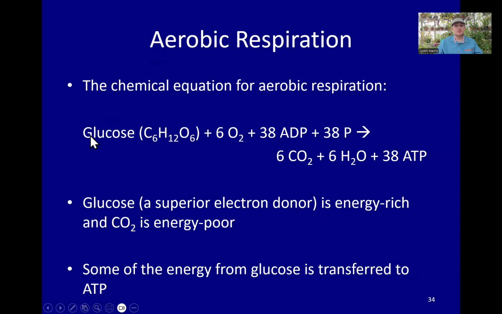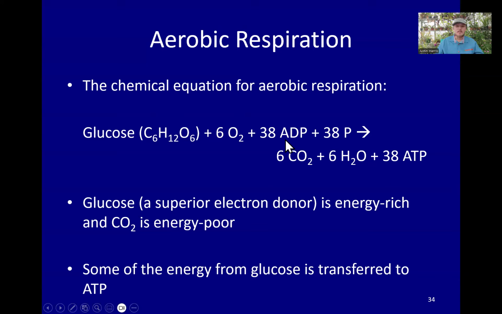And so this is kind of what that looks like. It can be drawn out as a chemical equation where you have the adenosine diphosphate and then the inorganic phosphate groups. Sorry, that's an inorganic phosphate group. My bad.